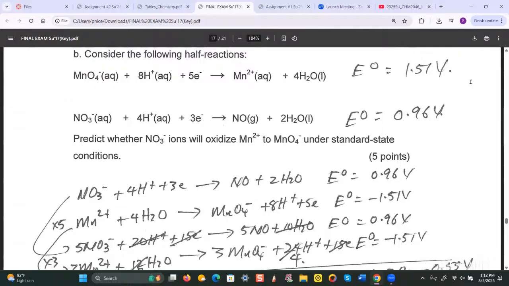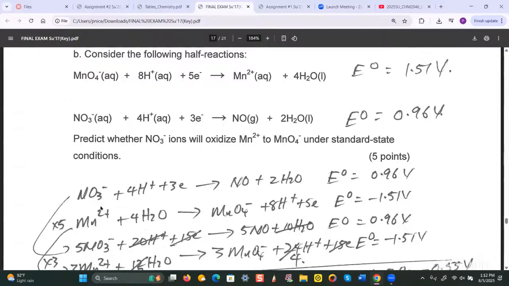How do you determine which is which? Remember we said that the higher the EMF value, the more likely the reaction is going to occur as written. In this case, the question is asking you to predict whether the nitrate ions will oxidize the manganese 2+ to MnO4-. So I kept this as it is, even though it has a lower value, because I want to see if the nitrate ion will have that effect on the permanganate ion.